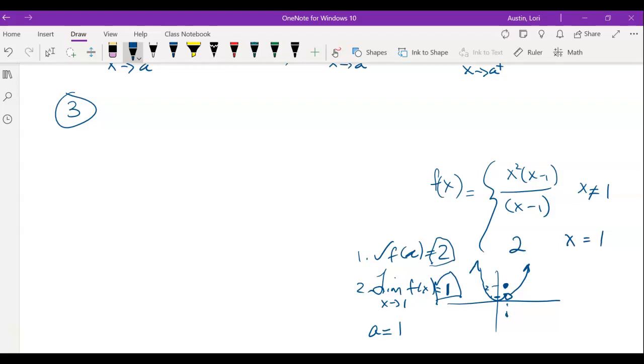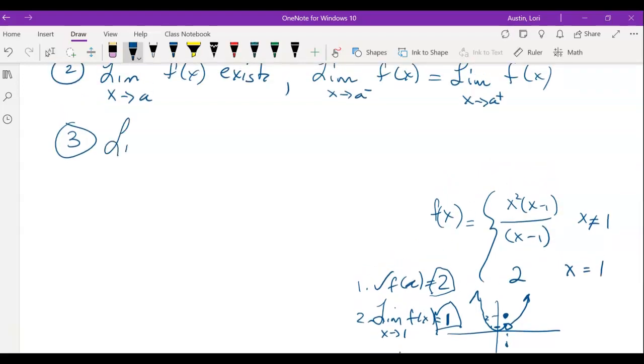Equal each other. So the third thing is simply that the limit as x approaches a of f of x has to actually equal f of a. In other words, whatever you found in step 1 has to equal the same thing you found in step 2. And that's it. That's your checklist.